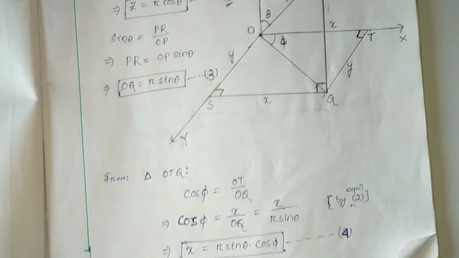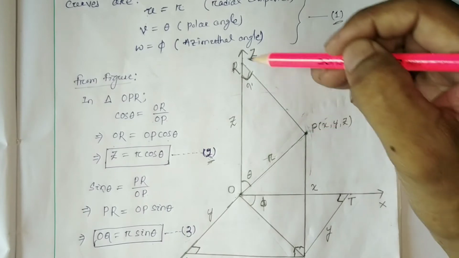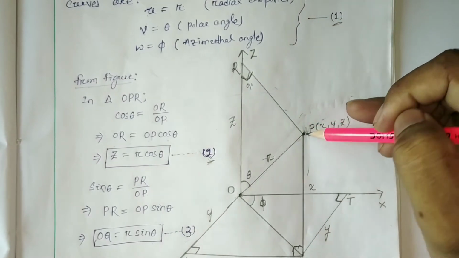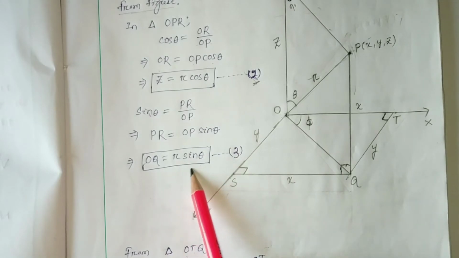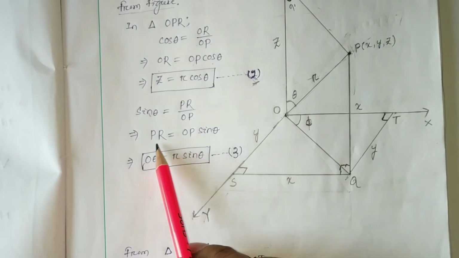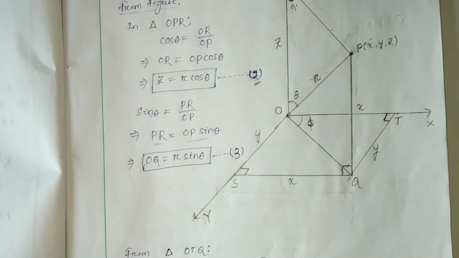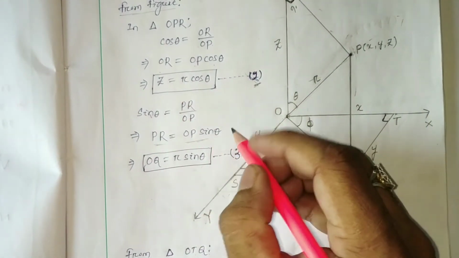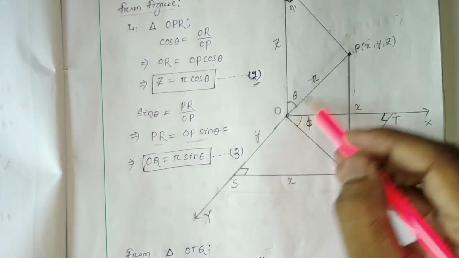Why is it? See, PR or RP is nothing but, here we found R sin theta, right? PR or RP we found R sin theta. You just write it here. Your OP is nothing but how much?